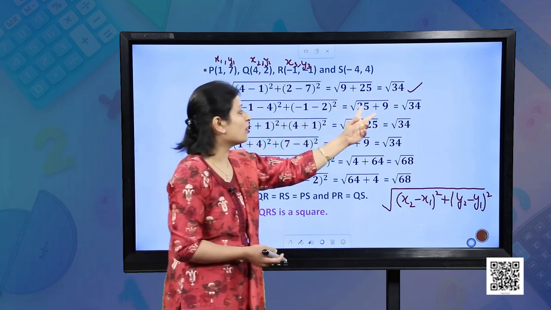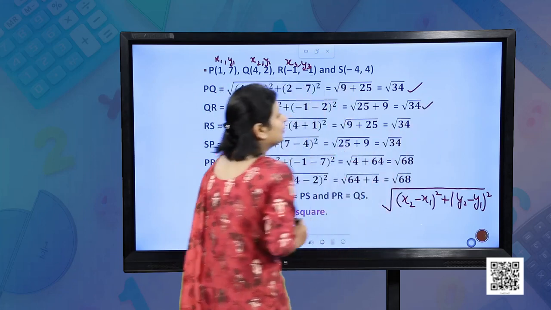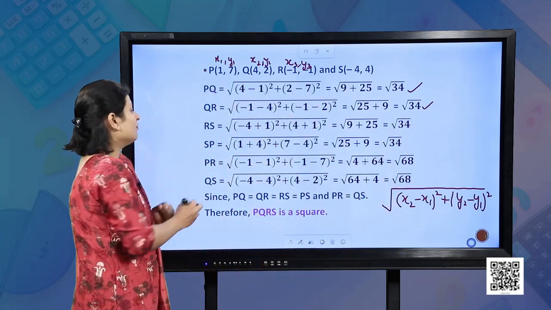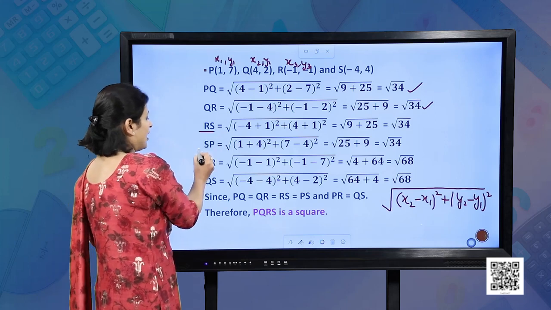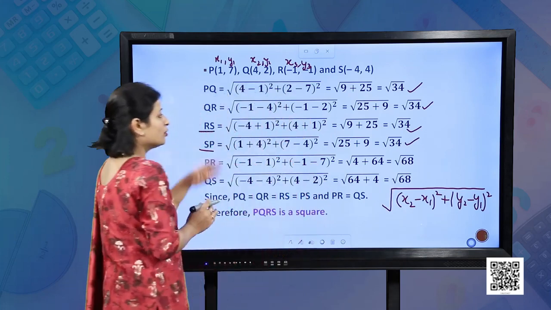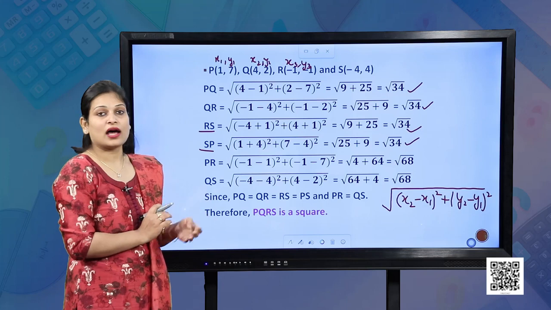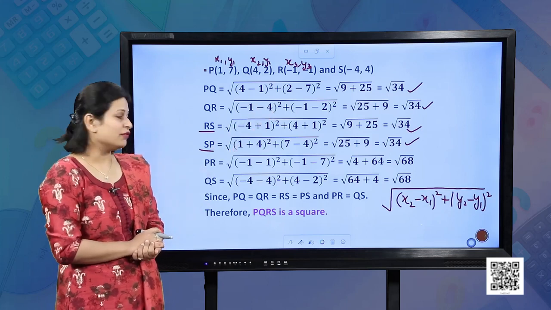You will get square root of 25 plus 9, which is again square root 34. Similarly, when you solve for RS and SP, you will get square root of 34. So all sides are equal because the length of all the sides is coming as root 34.